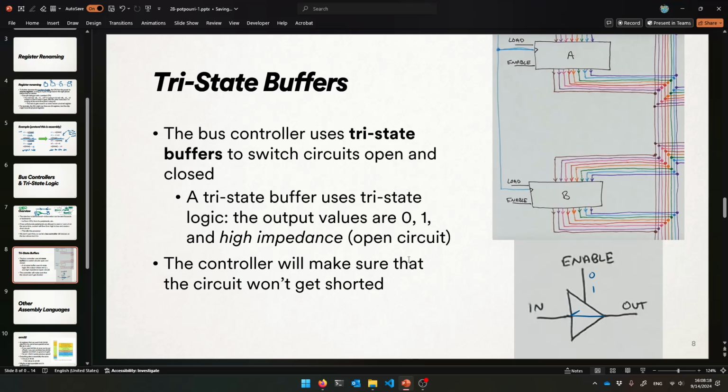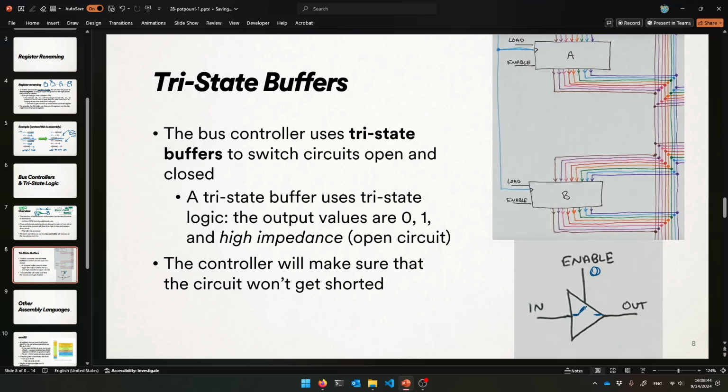And so yeah, there's actually a secret third thing, okay? So the tri-state buffer uses tri-state logic. The output values that you could see, depending on this enable line, it might need 2 different bits to talk about 3 different ideas. The output values, right, you can connect in this way. There's three options for you. You could say the enable is 0, right? And that means in is not connected to out at all right now.